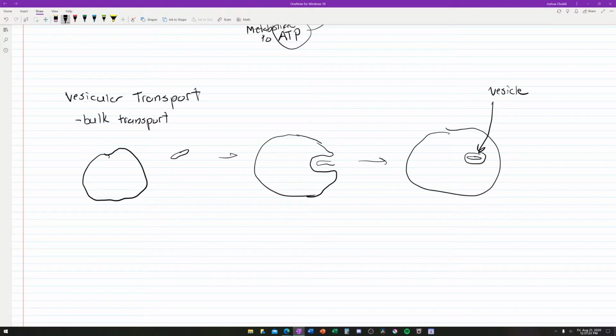All right, so we have two forms of this. We have endocytosis, which means it's going to pull it inside, and we have exocytosis, which is outside, to move outside.